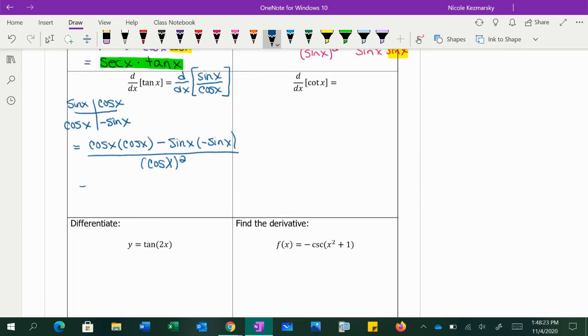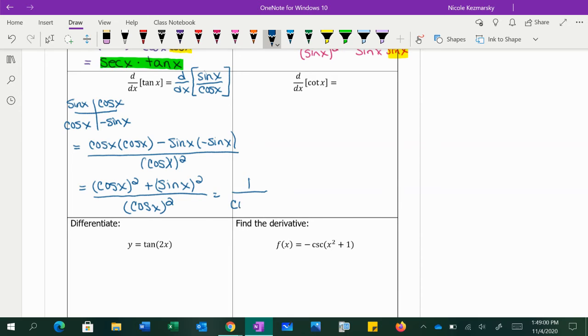Well, cosine times cosine is cosine squared, so I'll write that as cosine squared. And sine times sine, with an extra negative sign, means I'm going to have plus sine of x squared over cosine of x squared. So then we're going to dip into our identities, because cosine squared plus sine squared, or vice versa, sine squared plus cosine squared, is a Pythagorean identity and equals 1.